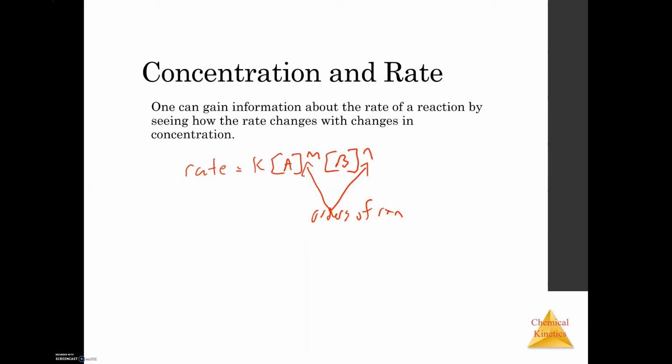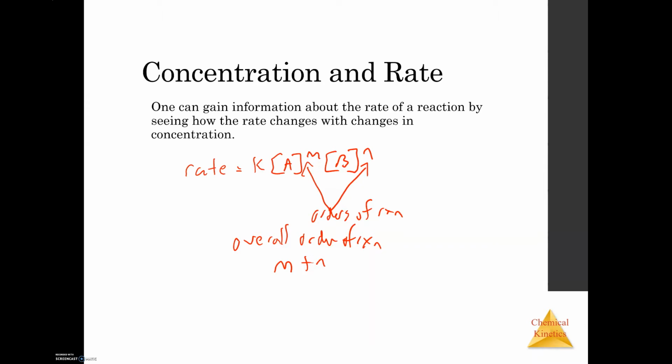Also remember that the overall order of reaction is determined by adding m plus n. So it's just a sum of m and n.